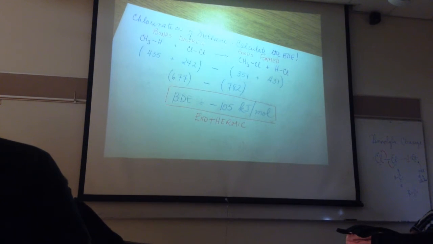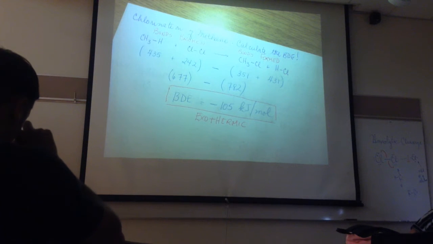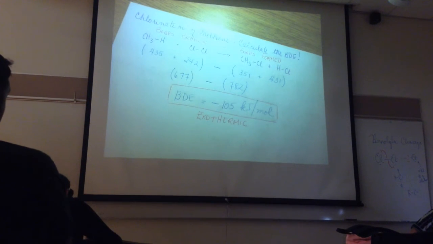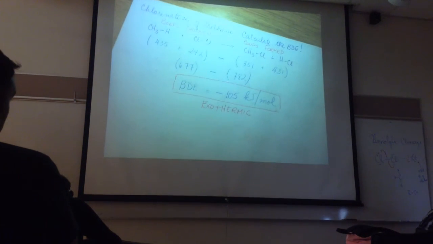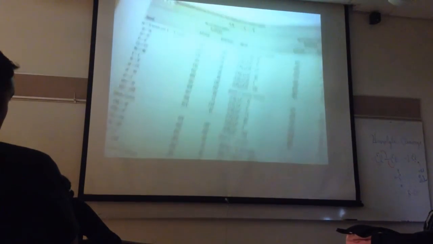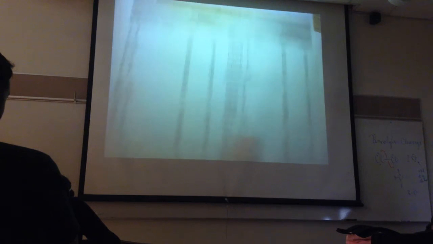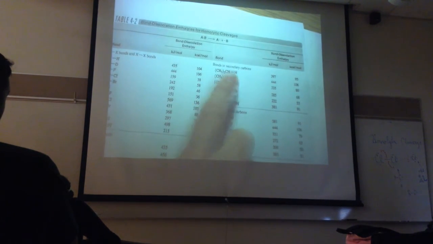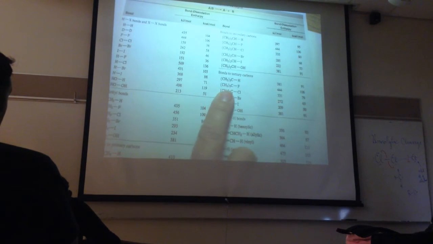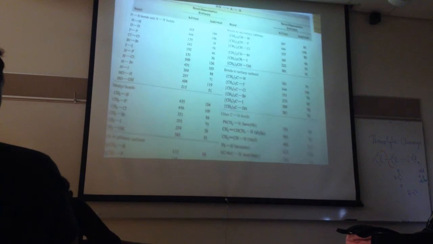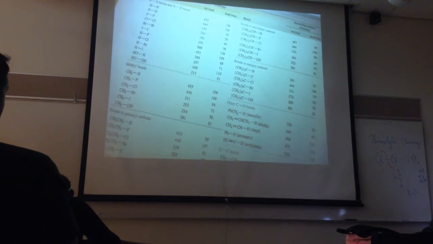Is everybody okay? It's gonna get much harder than this because this is too easy, okay? Yes, we have numbers to do bonds to primary carbons, bonds to secondary carbons, bonds to tertiary carbons. Take a look at these numbers for a minute, okay?